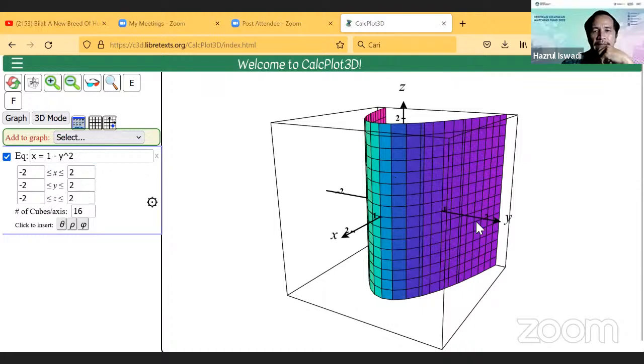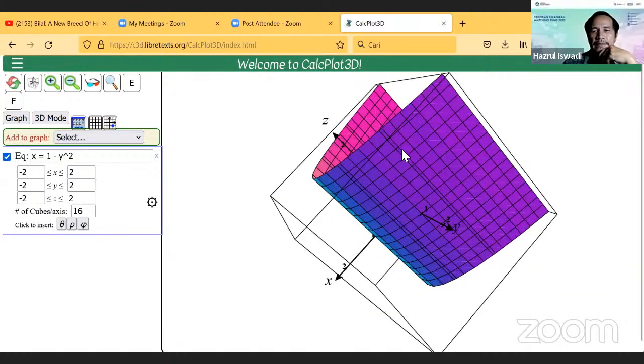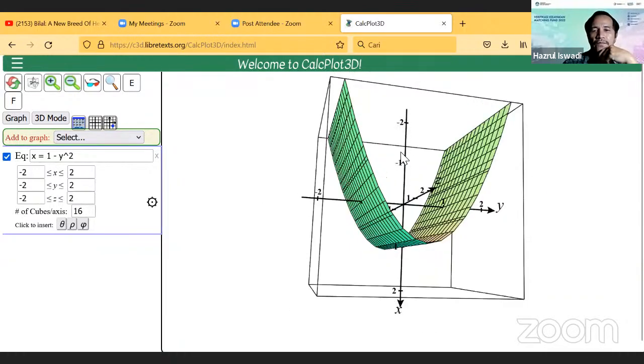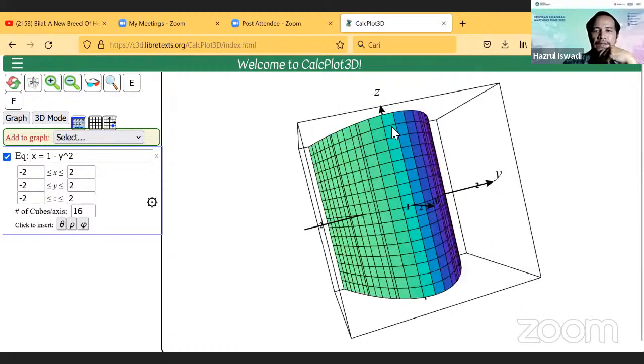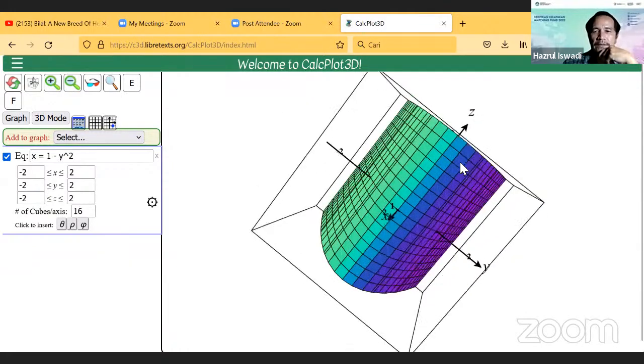Click the surface on the right, hold it, and then you can move the surface like here.